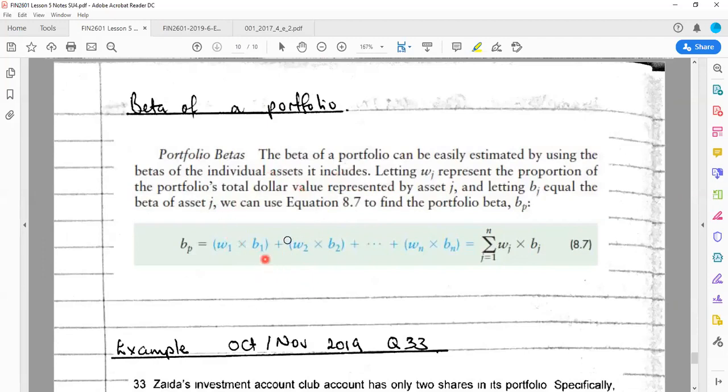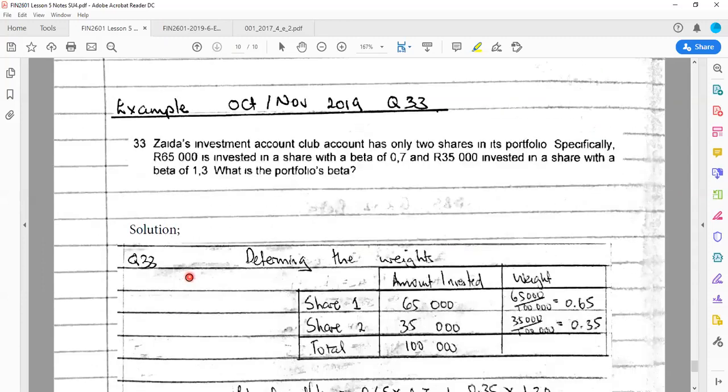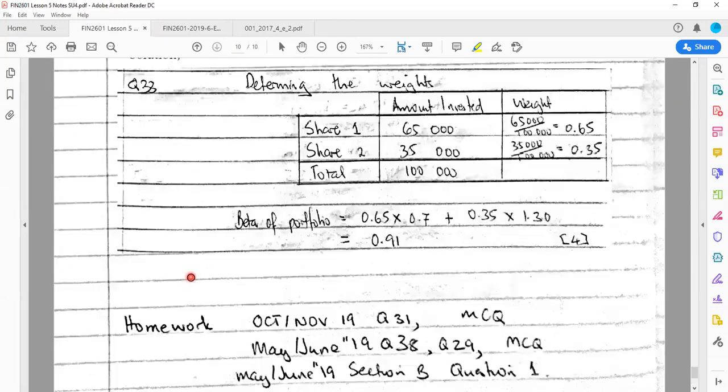We use the same approach we used to calculate the expected return of a portfolio. You take each weight invested in each asset, multiply it by its corresponding beta, and then add them up, and that gives you the beta of the portfolio. Okay, so we can look at an example as we conclude.